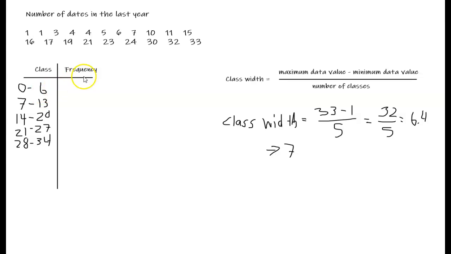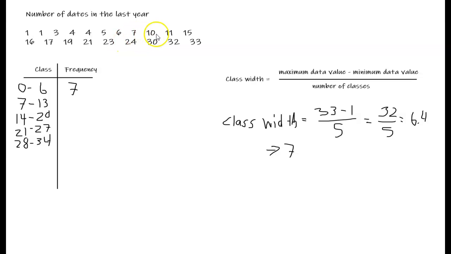All right, so now to do the frequency here, all I'm going to do is go through each number and see how many are in each class. So how many is between 0 and 6? 1, 2, 3, 4, 5, 6, 7. So that is 7. How many is between 7 and 13?